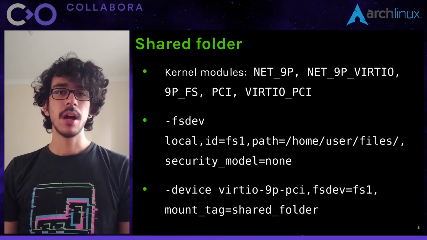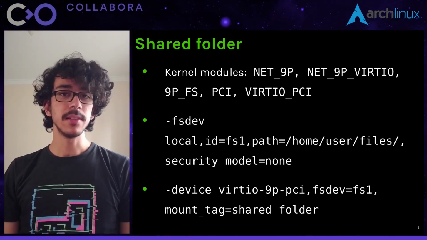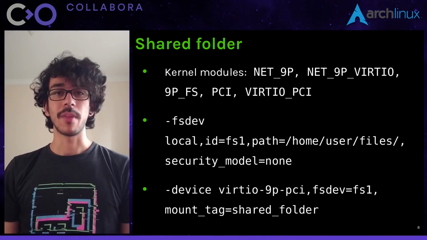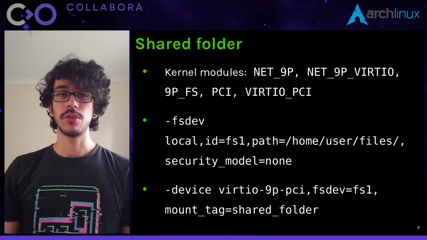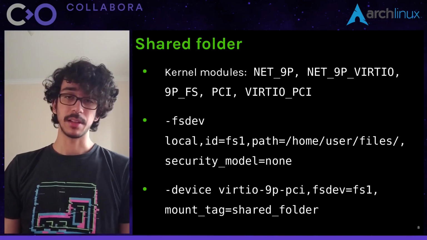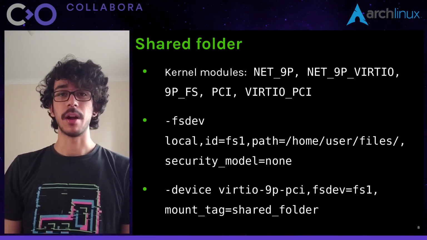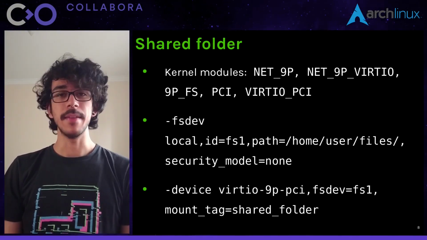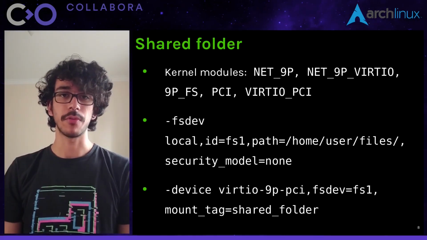And after that, in the QEMU flags, I will add two devices, a file system device and then a virtio 9P device. So you use this flag to choose which directory you want to share. In this example, I'm sharing a directory named files inside my home directory of the user, and the name of the virtual device will be shared folder.